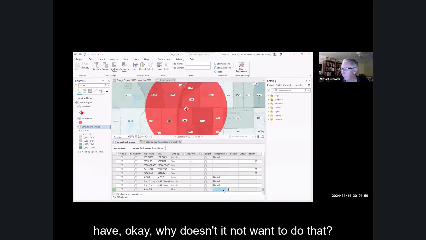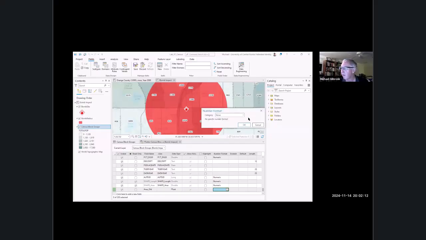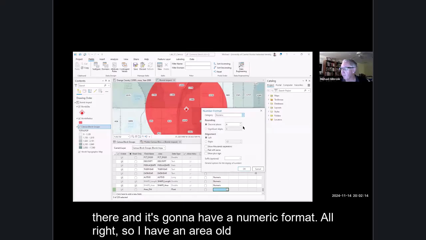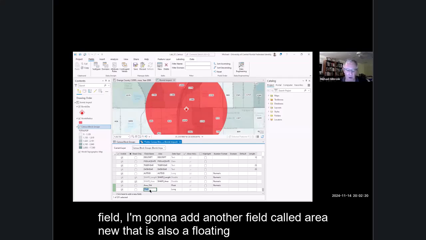And it's going to have a numeric format. So I have an area old field. I'm going to add another field called area new that is also a floating point.